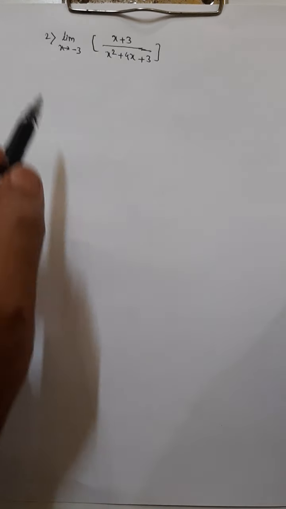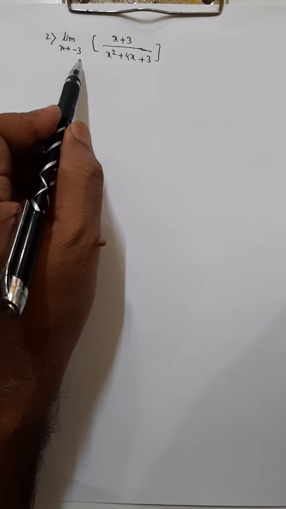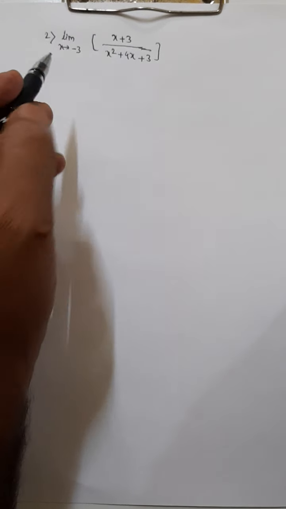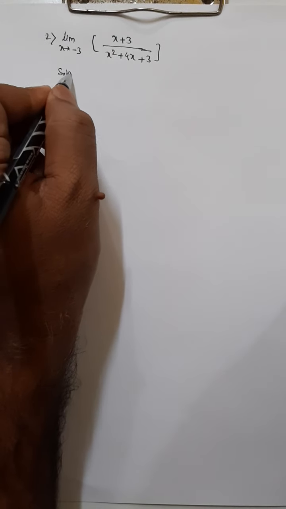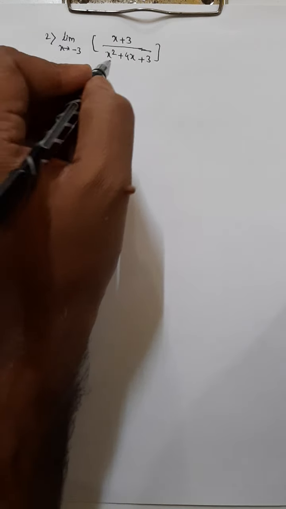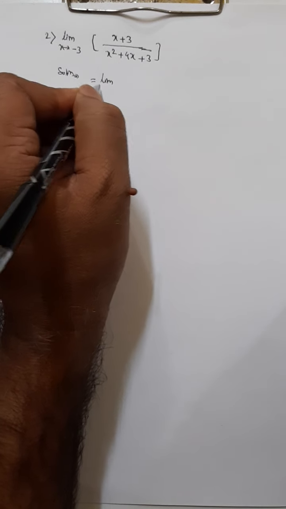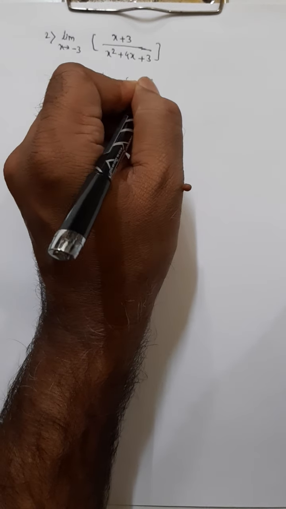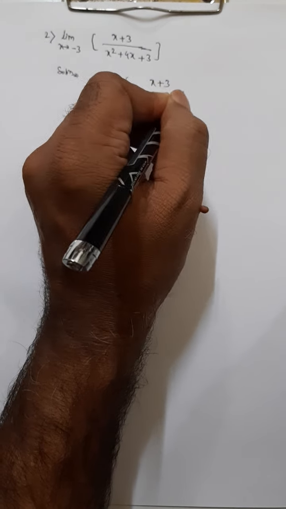Next problem, evaluate limit as x tends to minus 3 in bracket x plus 3 divided by x square plus 4x plus 3. So it is equal to limit as x tends to minus 3, here numerator x plus 3 as it is.